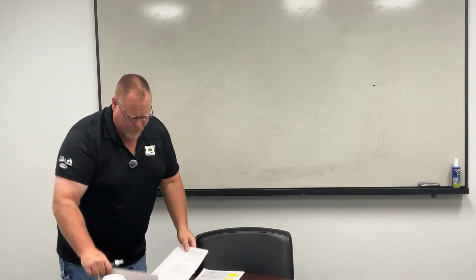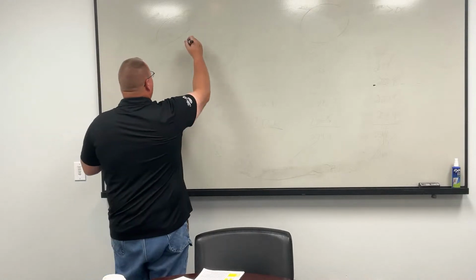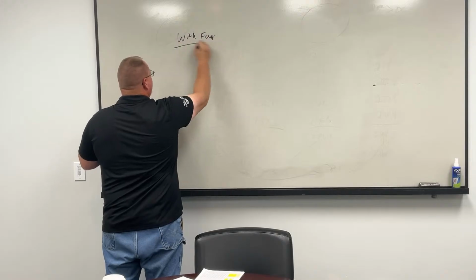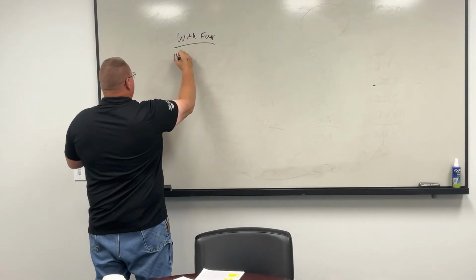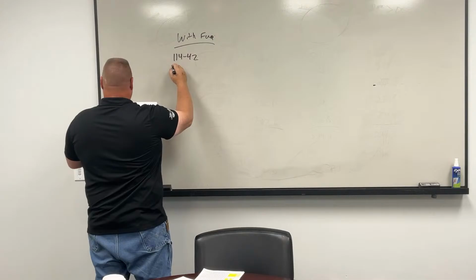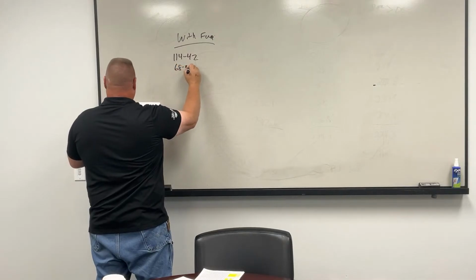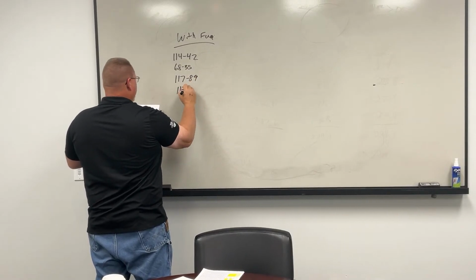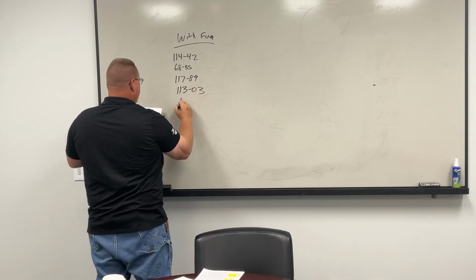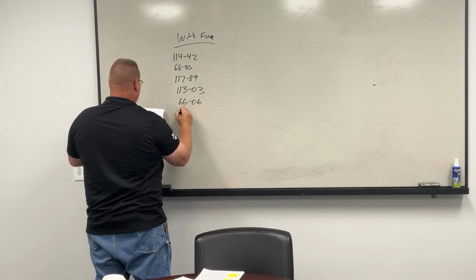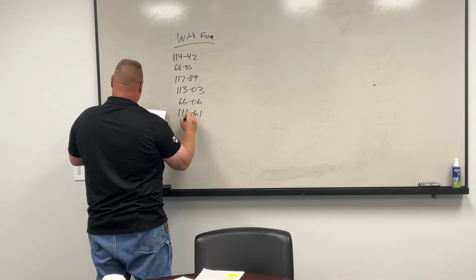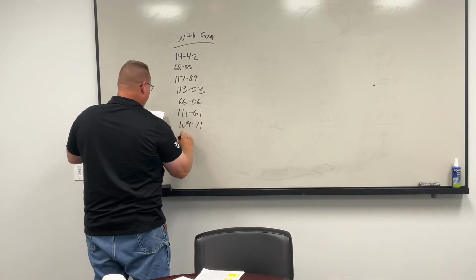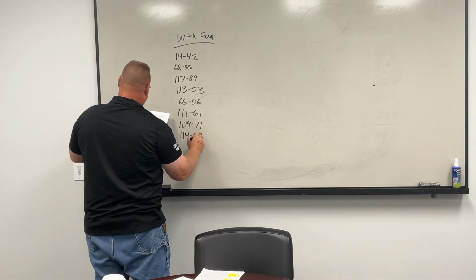So I went through, and in the with-fungicide plot, I'm just going to rank them 1 through 10. 6835, 11789, 11303, 6606, 111.61, 109.71. A lot of new hybrids in these trials, so a lot of these numbers you may be unfamiliar with.